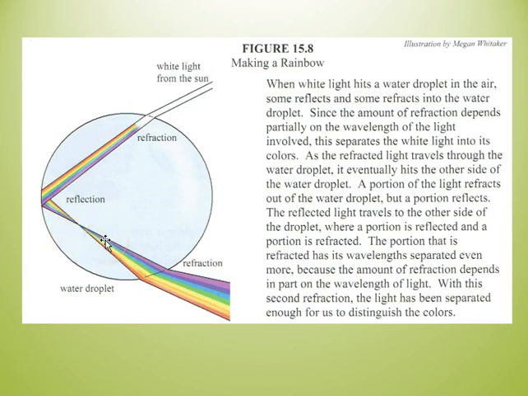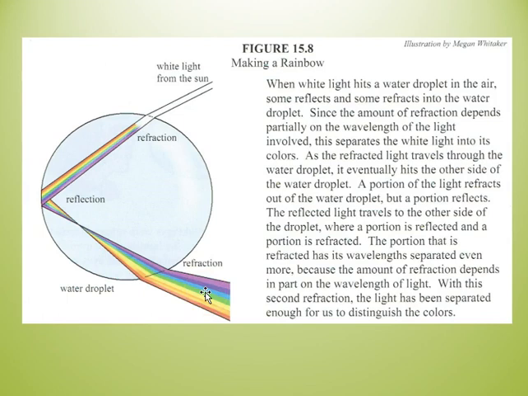The reflected light travels to the other side of the droplet where some of it is reflected and some refracted. The portion that is refracted has its wavelengths separated even more. So you see the colors separated even more than they were in the initial part of the interaction with the droplet.